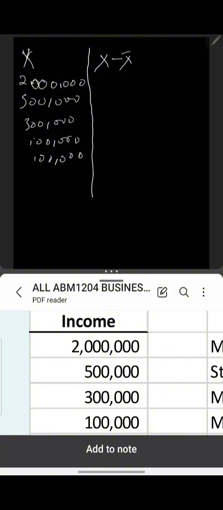You write the answer straight away. 2 million minus 600,000 is 1.4 million. Yes, 1,400,000.